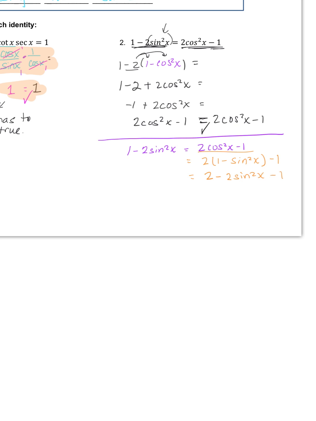So let's combine like terms. We have a 2 here and a negative 1. So that gives us 1 minus 2 sine squared x. Now that I see it's exactly the same, I'm going to bring this other one down here. And this is going to be 1 minus 2 sine squared x equals 1 minus 2 sine squared x.